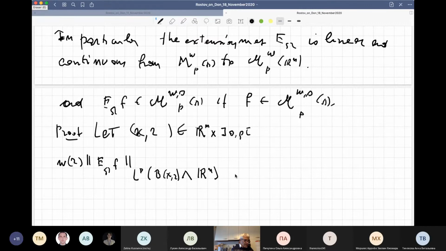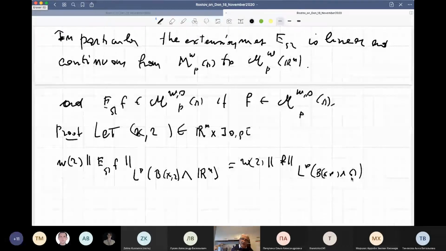Now E_omega f is equal to 0 outside of omega and f in omega. So this is the same thing as W_R of f in L^p, B(x,r) intersection omega, because what's outside of omega, well, E_omega f is 0.